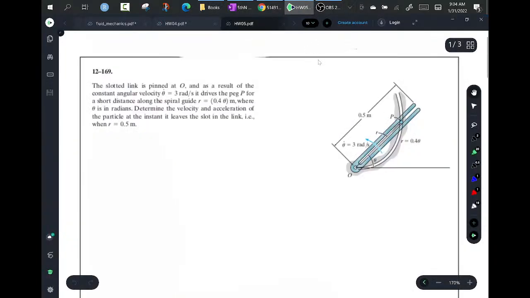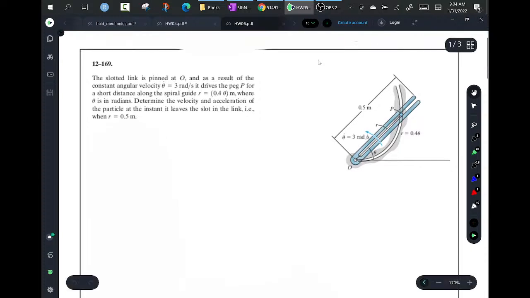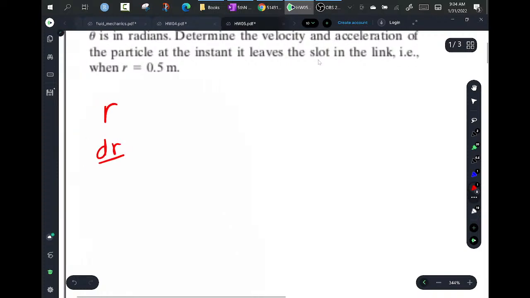If you look at it, you have to realize that your goal to start with is to find r and dr/dt, which is just r dot, and the second derivative of r with respect to time, which is r double dot.